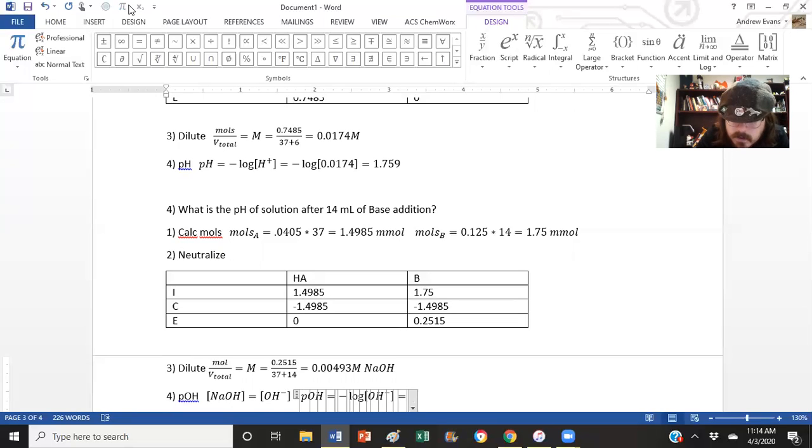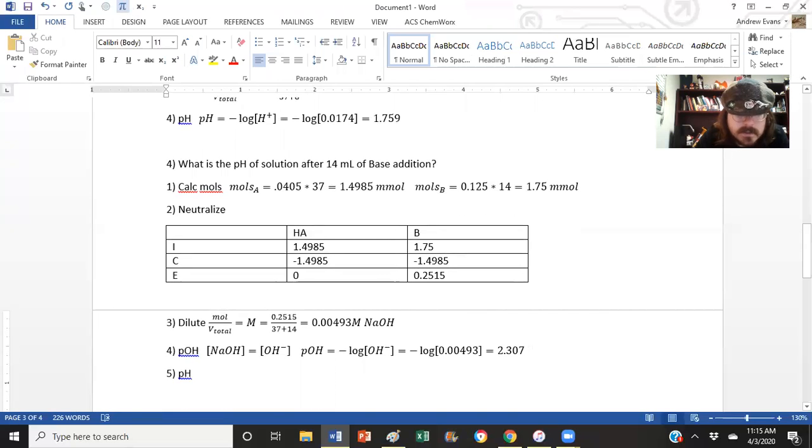So we're going to take the negative log of our OH minus, which we just calculated, 0.00493. So that equals negative log of 0.00493, 2.307.